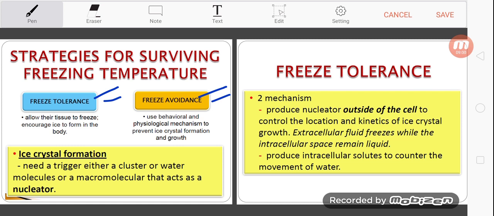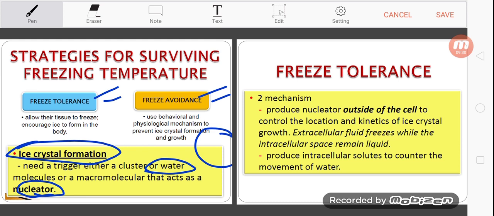So freeze tolerance allows the tissue to freeze, encourages ice to form in the body. So what happens is the cell in the body will form ice or ice crystal formation here. This ice crystal formation will be triggered by a cluster of water becoming frozen, becoming ice, and then this ice crystal eventually acts as a nucleator.